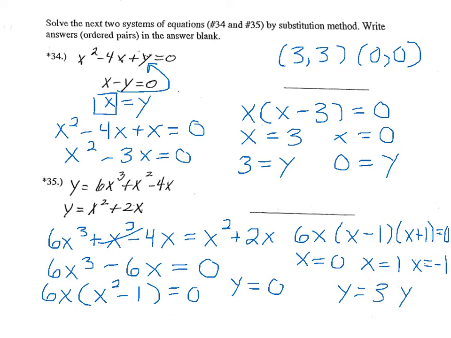And if I plug in a negative 1, I will have negative 1 squared, which is 1, and then 2 times negative 1 is negative 2. 1 minus 2 is negative 1. So my three solutions are (0, 0), (1, 3), and (negative 1, negative 1).